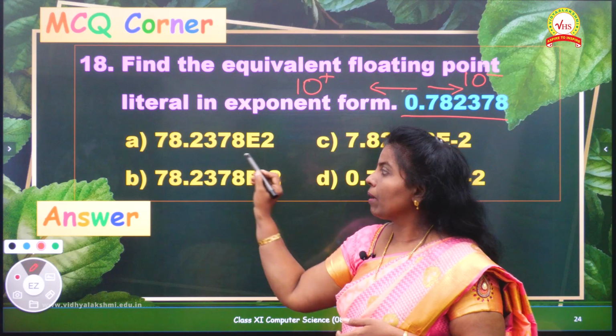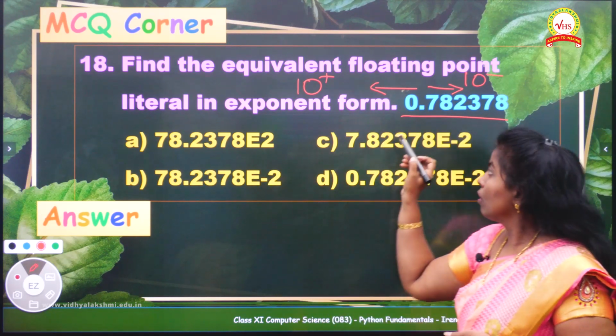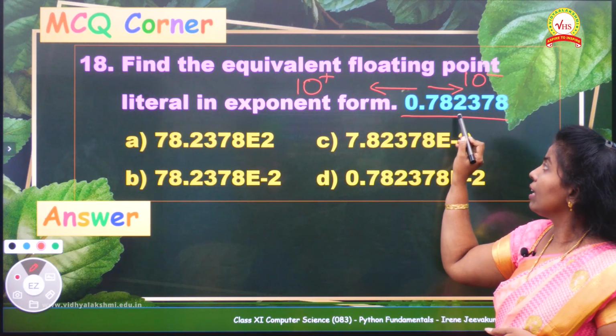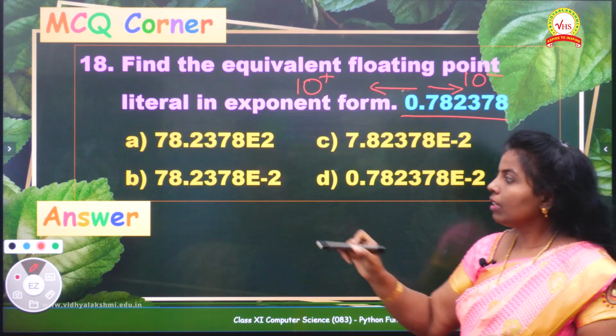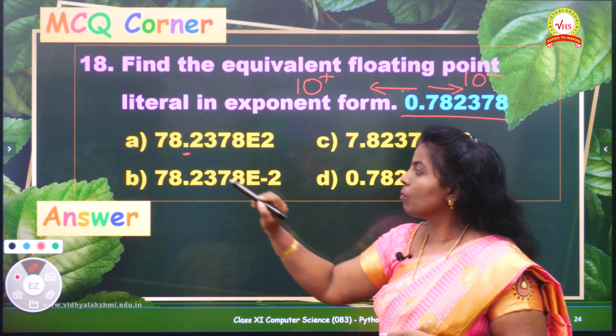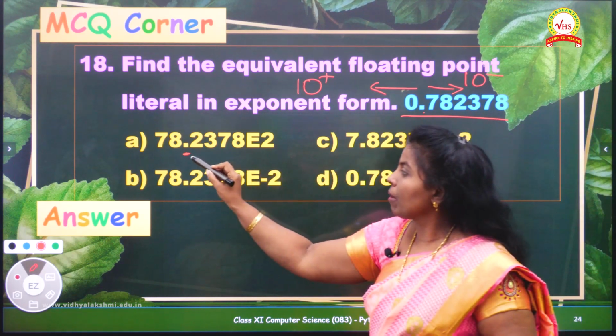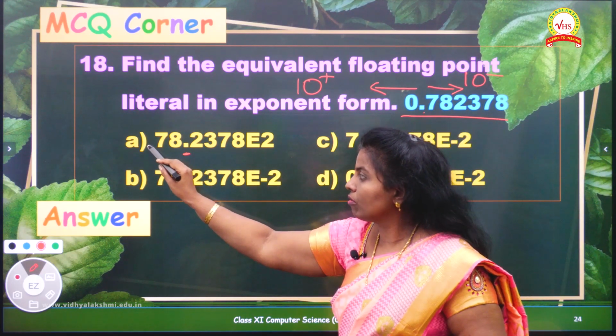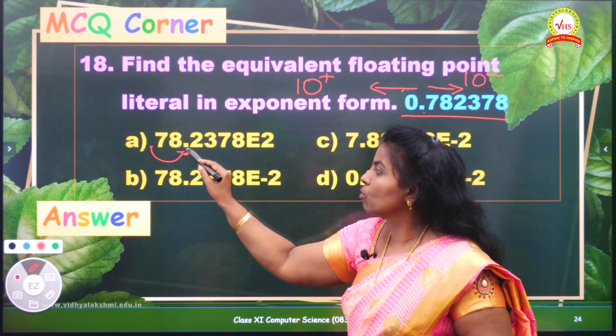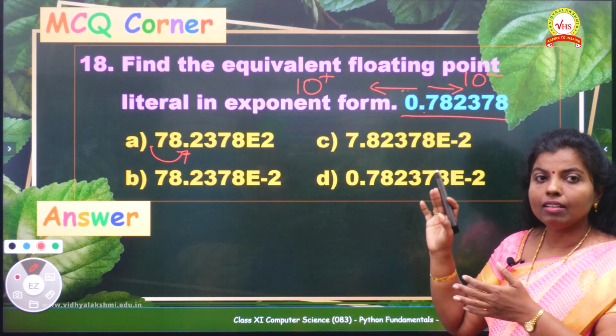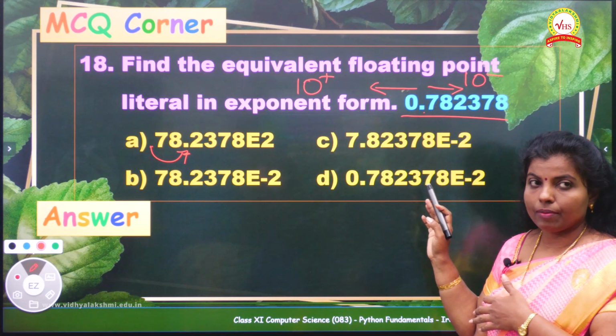So for the first number, the original number is 0.782378. Here, if you see this point, from the original point, it has moved 2 digits. The dot was here before and it has moved 2 digits towards the right-hand side.